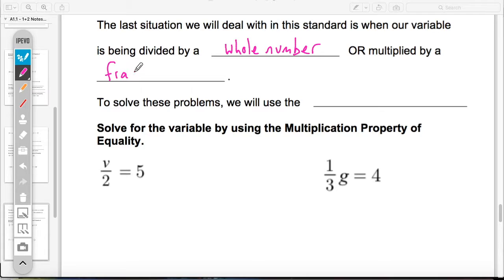Okay? Because that really means the same thing. Okay? So to solve these problems, we will use the multiplication property of equality.